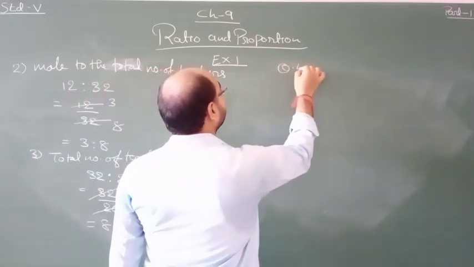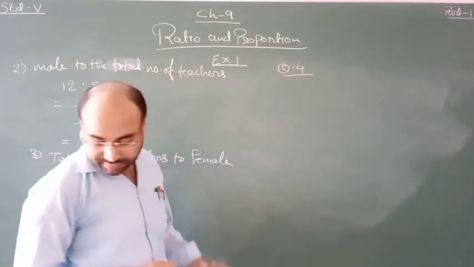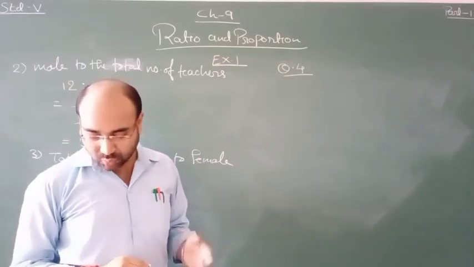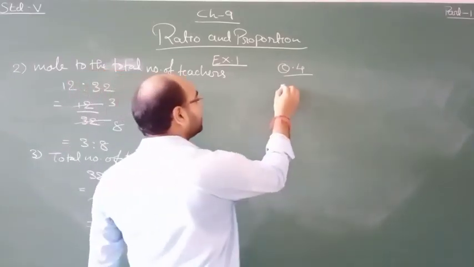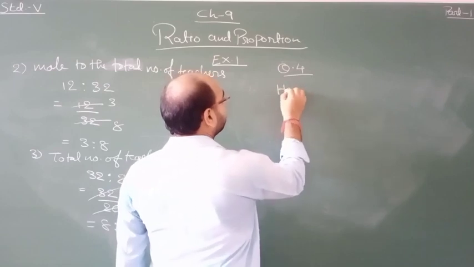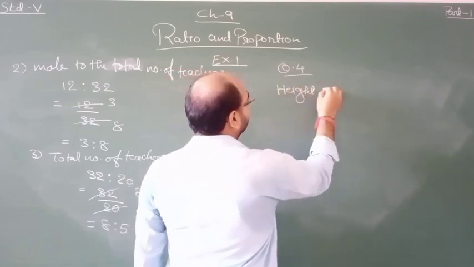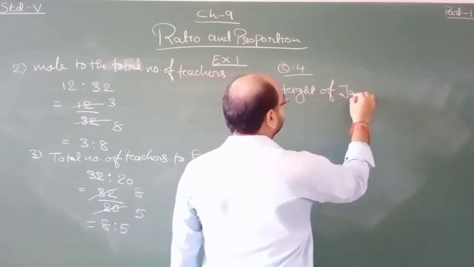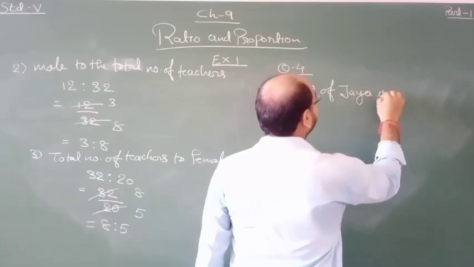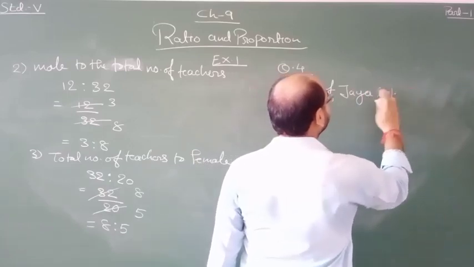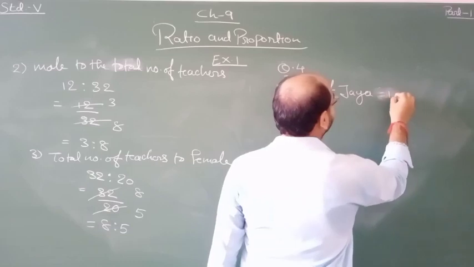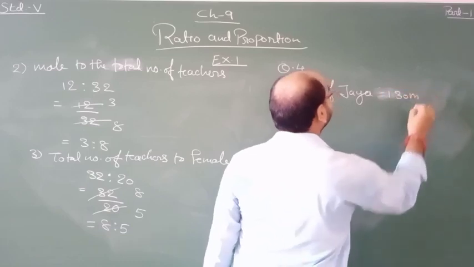So if we see question number 4, it is being given the height of Jaya is 1.30 meter.